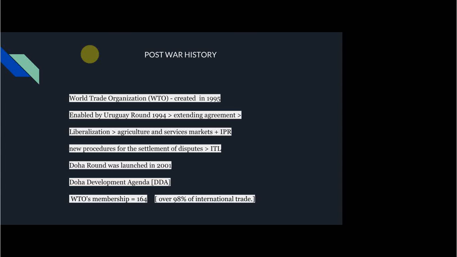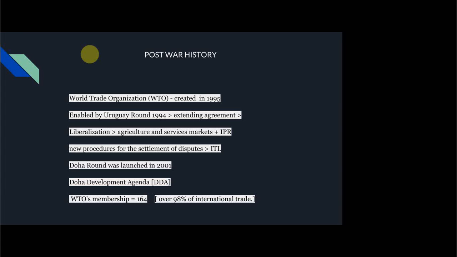So the idea was that developed countries like the Western countries would open up more of their markets to agricultural exports from the developing countries. This was one of the ideas floated in the Doha round, the idea being that we would make some extra effort to bring up the developing countries.